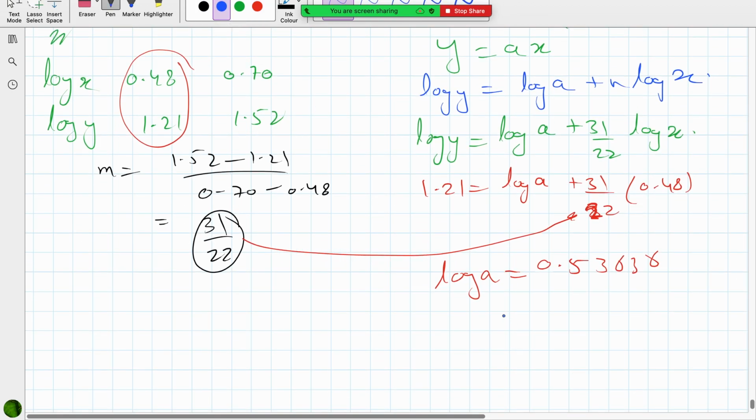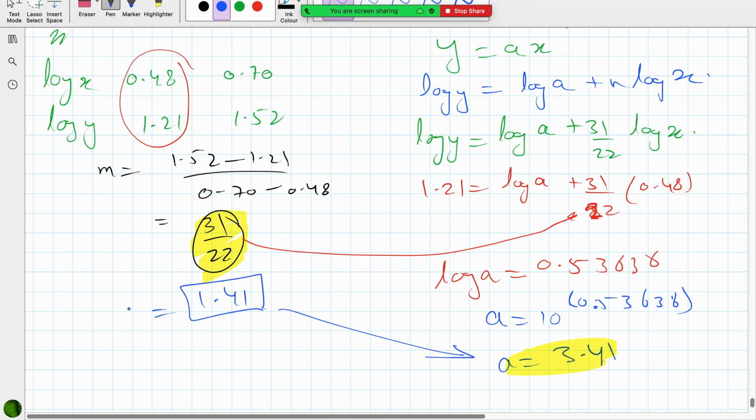The question demanded the value of a, so this is 10 raised to the power 0.5363, and that is 3.41. So the demand of the question was the gradient and the value of a, and up to two decimal places, this would be 1.41 for the gradient and 3.41 for a.